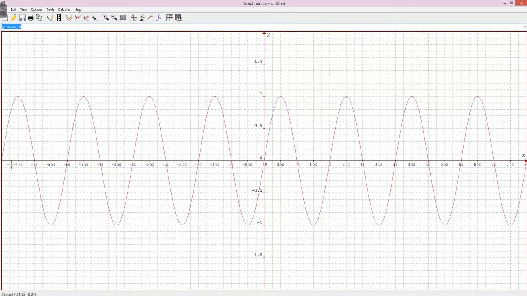What you're seeing here is simply the sine curve, and the period is still 2 pi. Let's put in now y equals sine 1 divided by 3x.